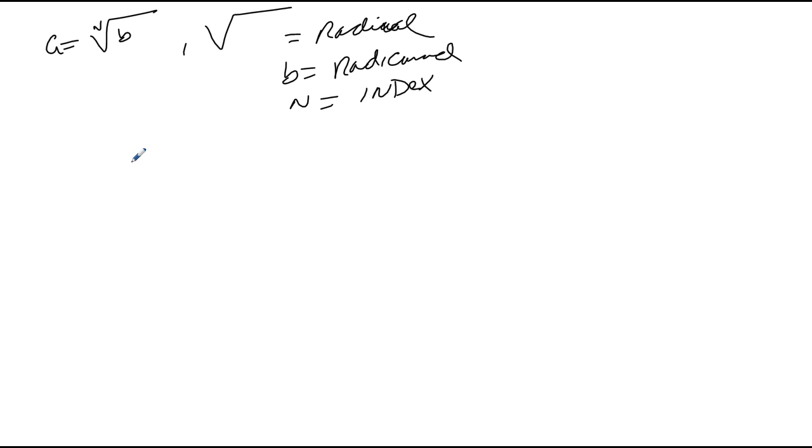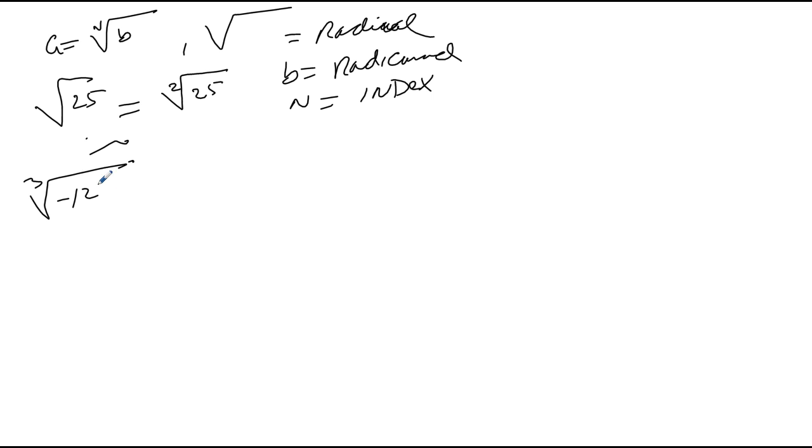Customarily we write the square root of 25. But essentially what we're really writing is the second root of 25. And if you remember that, you will have no problems with radicals. Okay. So let's say we have the cube root of minus 125.